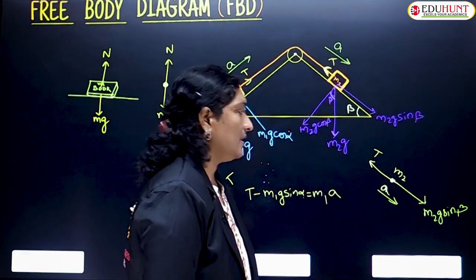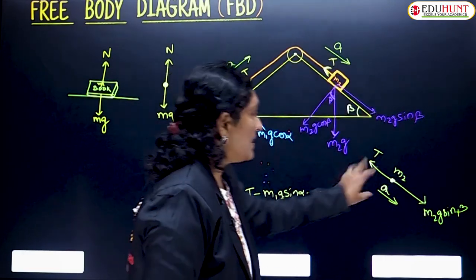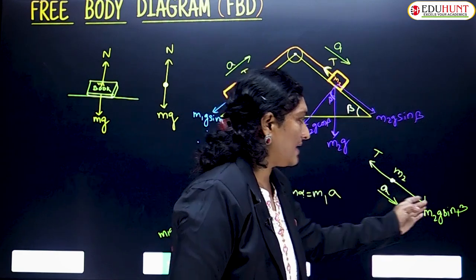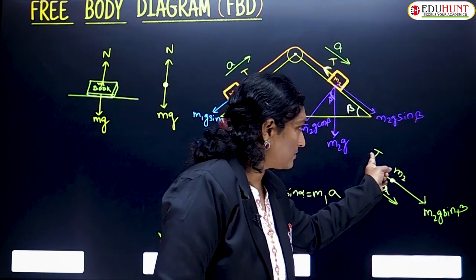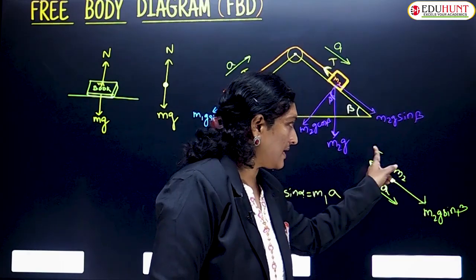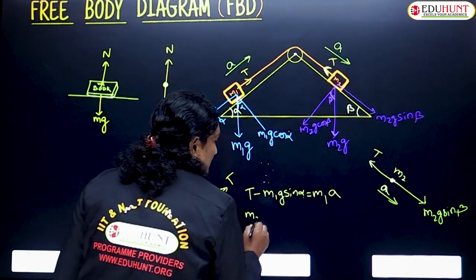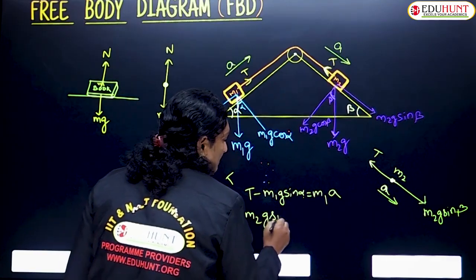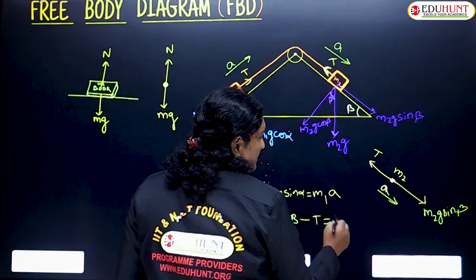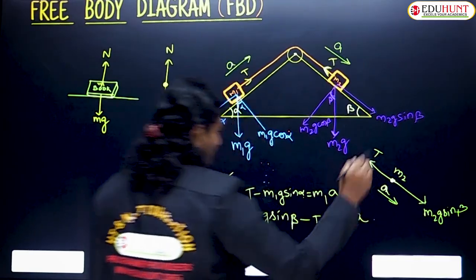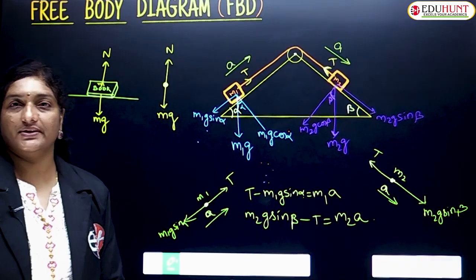This is the free body diagram for this portion, and as it is moving downwards, the downward force is larger than the upward force. So the larger force, m2g sin beta, minus the smaller force, that is T, must equal m2a. Based on that, we will be solving the further equations.